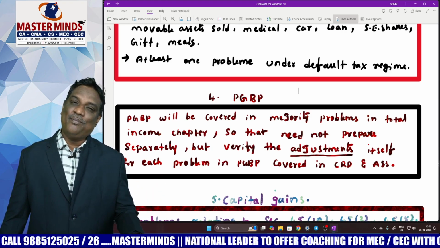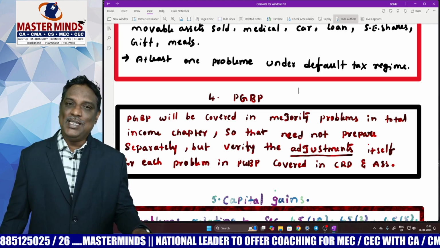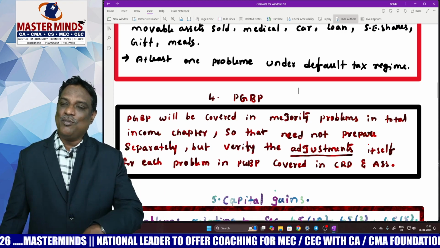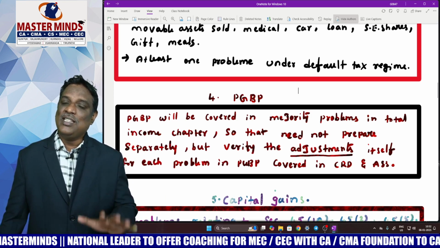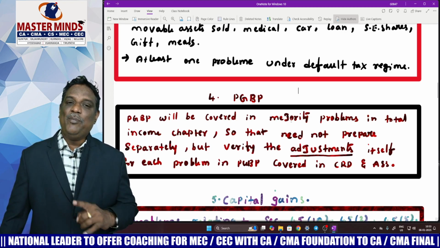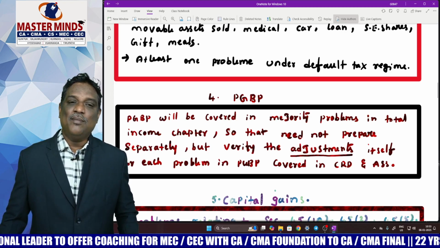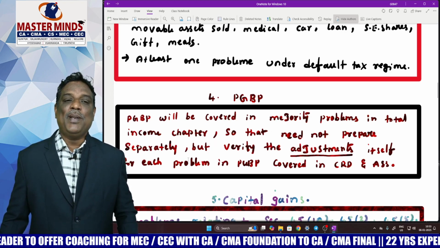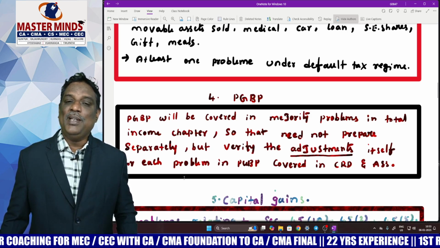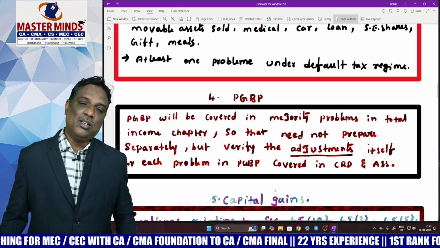That's it, enough. Don't try to solve the problems of PGBP. Instead, it is better to prepare total income problems again, because total income includes PGBP head in all problems. So PGBP will be covered in the majority of problems in the total income chapter, so you need not prepare it separately, but verify the adjustments for each problem in PGBP covered in the CRD and assignment also.